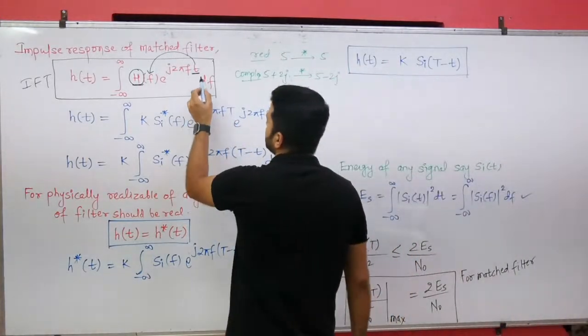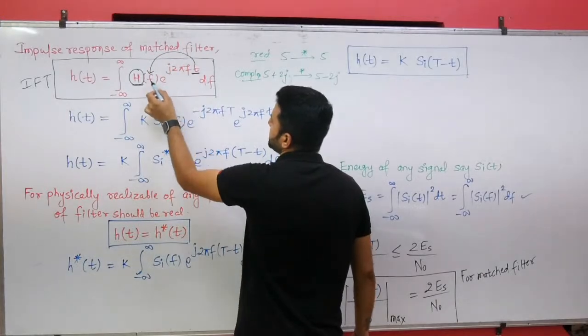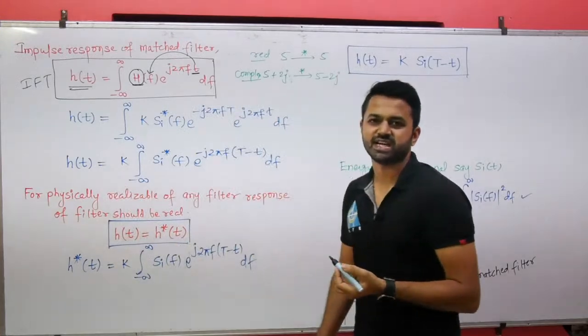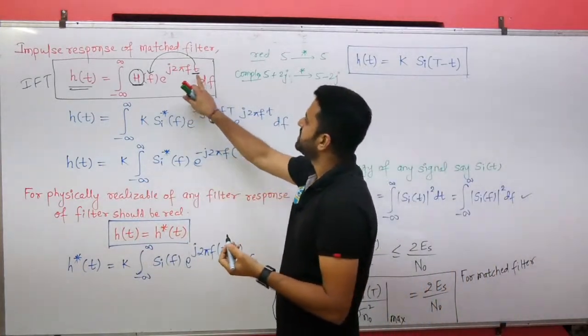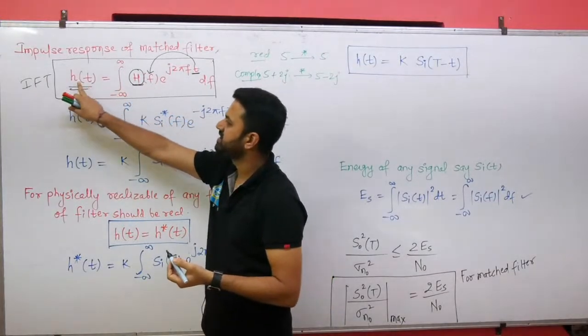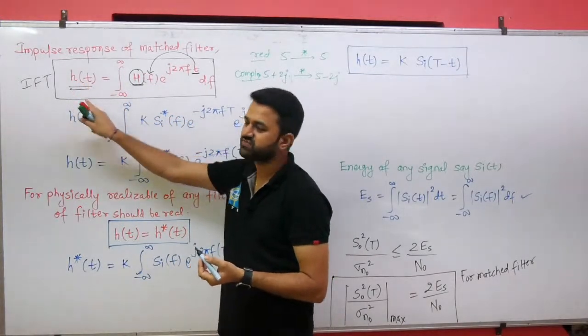So if it is t, we keep it inside the argument to get the inverse Fourier transform. So this t will be substituted in the argument of the inverse Fourier transform.